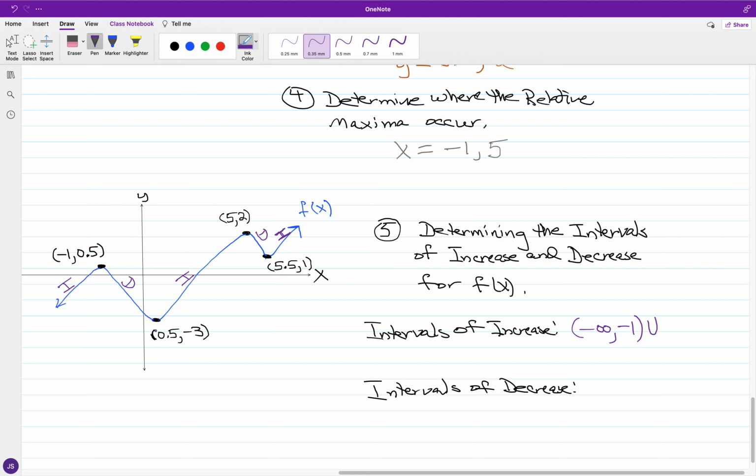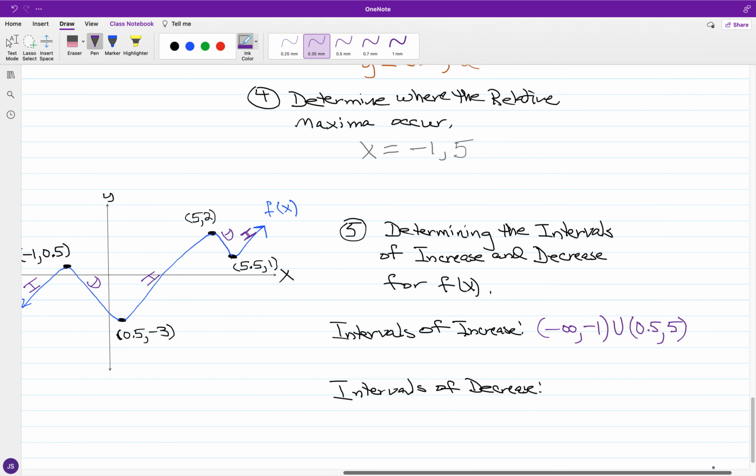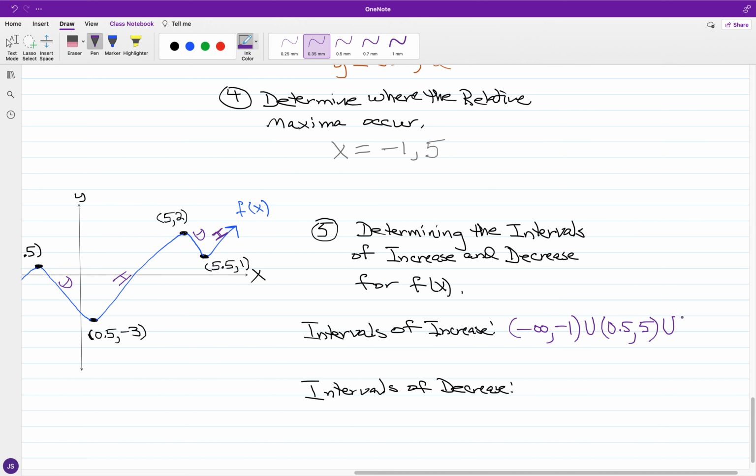The next increase goes past x at 1/2 and approaches 5, as in x equals 5 on the point 5.2. And for the final increase, the last section of f of x, those values of x greater than 5.5, going all the way out to infinity.